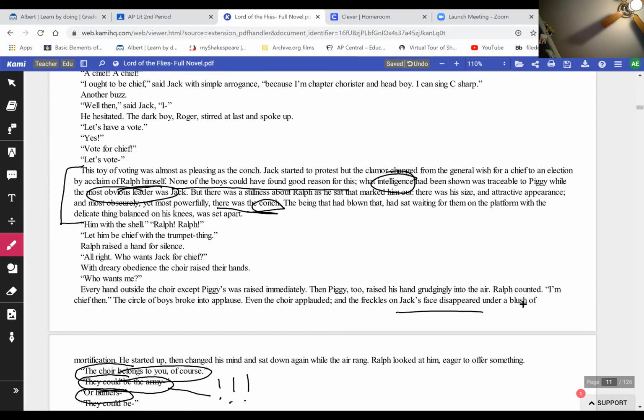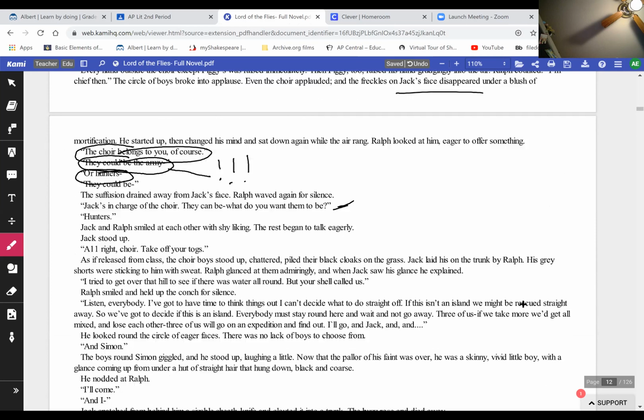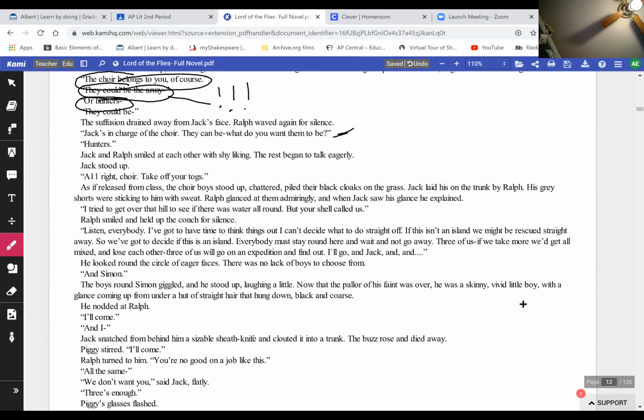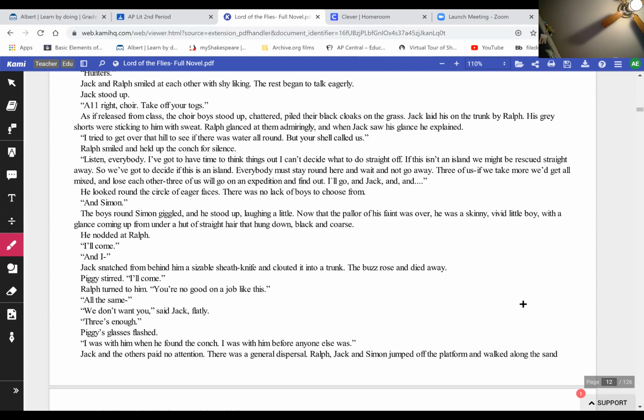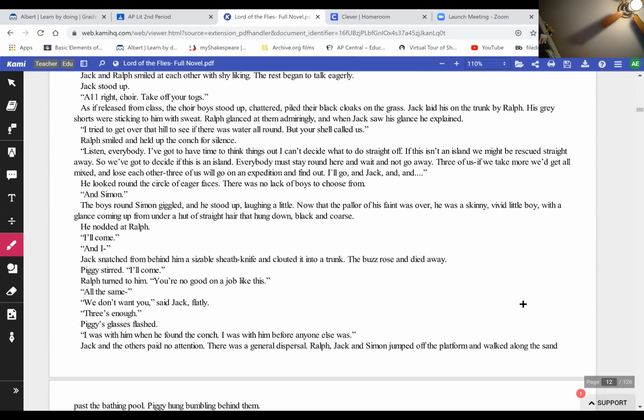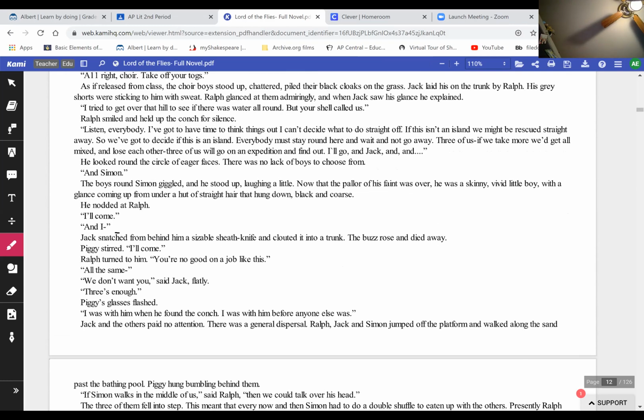But there is a part right here. Jack snatched from behind him. So Jack has a knife.